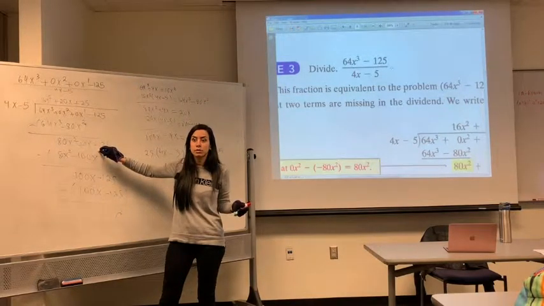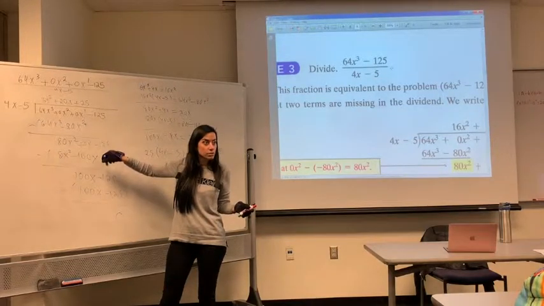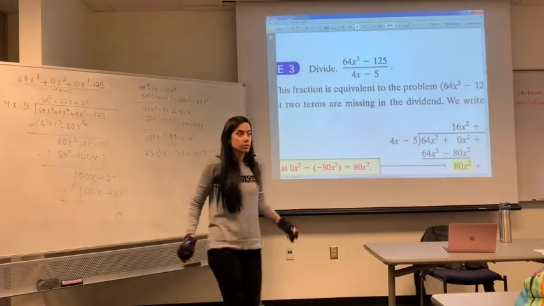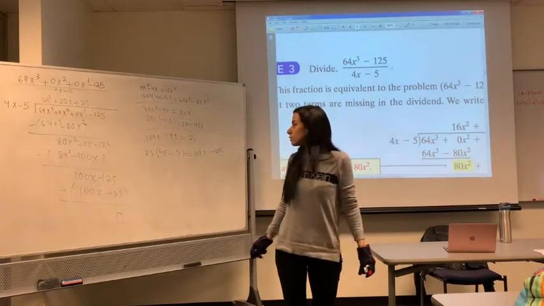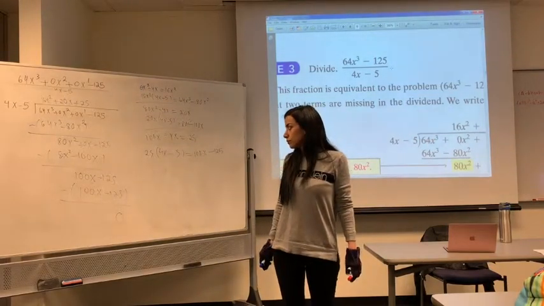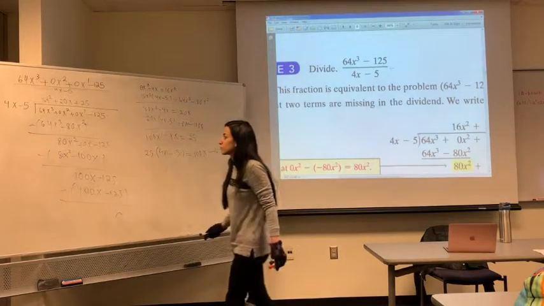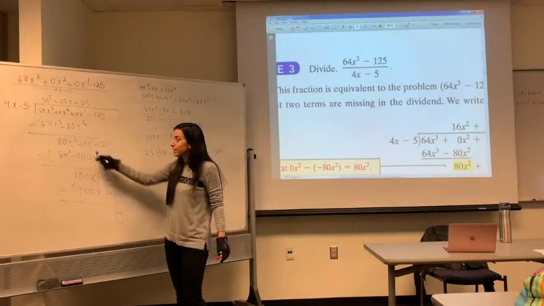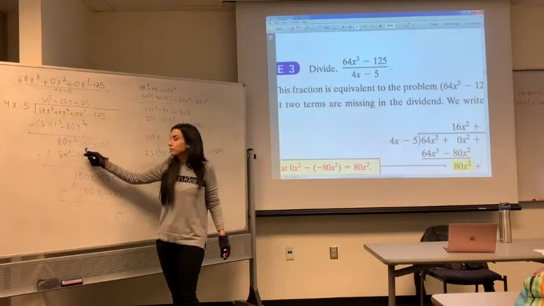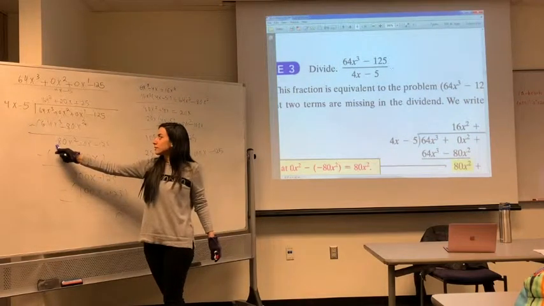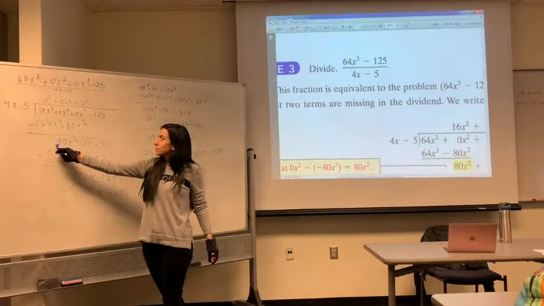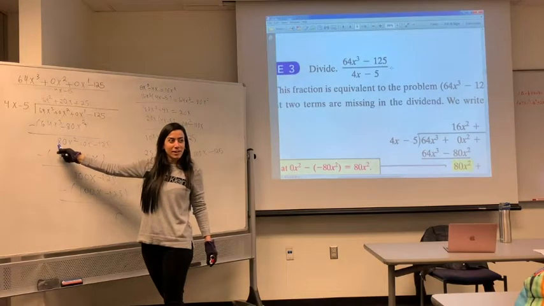Anyone else? You got this? No, actually, 16x squared was 5x plus 20. What I did was I simplified 20x. I still made it 5x. You cannot simplify.